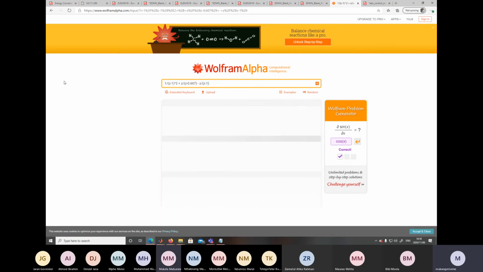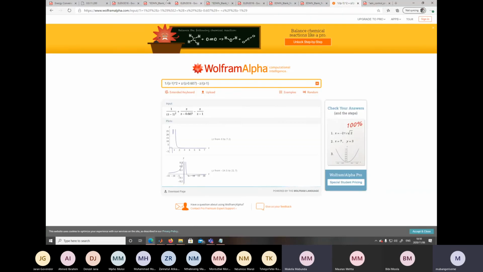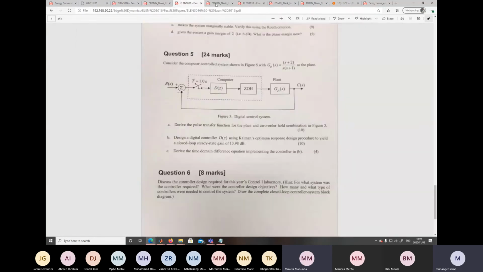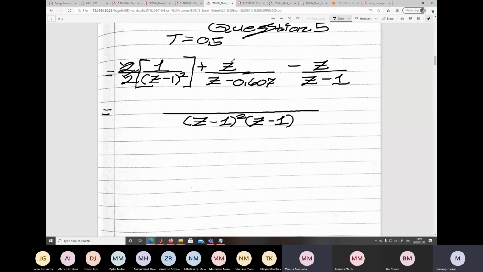Your lowest common denominator is supposed to be Z minus 1 squared multiplied by Z minus 0.6. What did I put down there? Oh, minus, sorry, 1. I wrote that twice. Thank you for that catch. Can I also just ask what happened to the Z in the numerator of the first term?